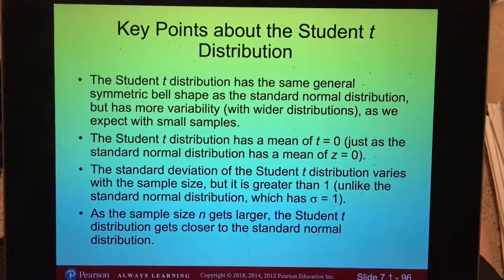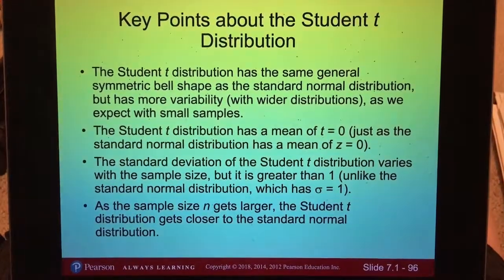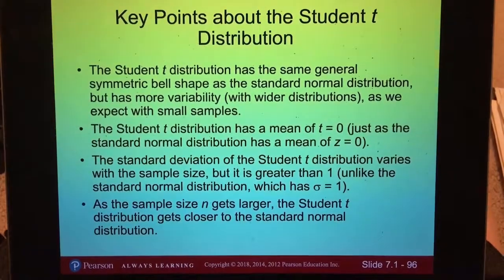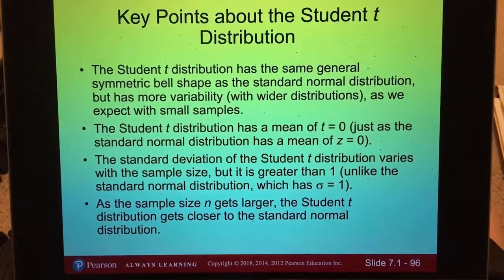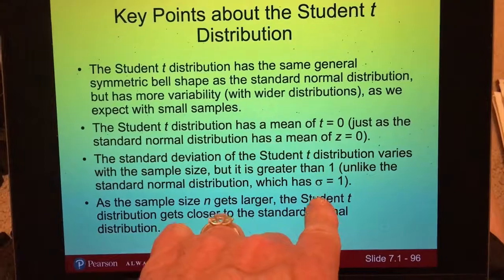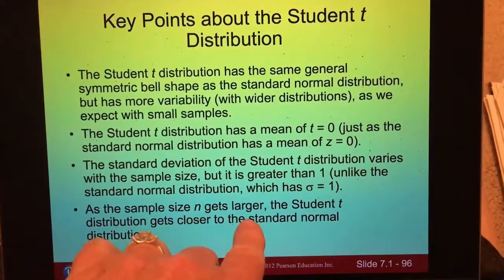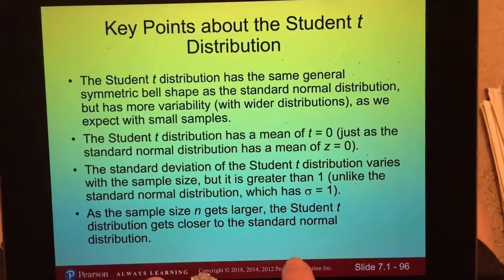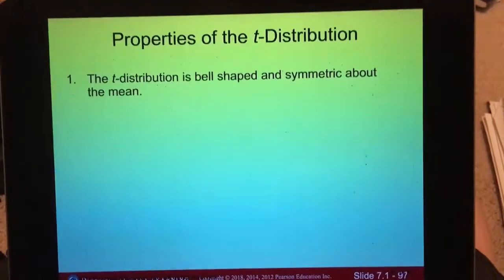And the standard deviation of the student t-distribution varies with the sample size, but it is greater than 1, which, remember, your standard normal is just 1. As the sample size n gets larger, the student t-distribution gets closer to the standard normal distribution.